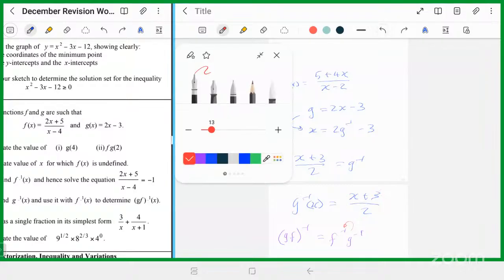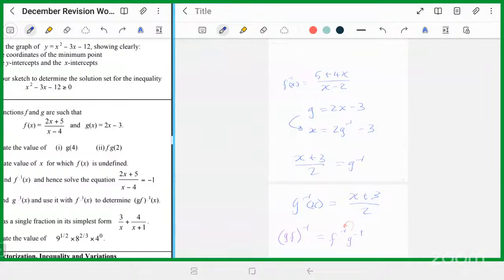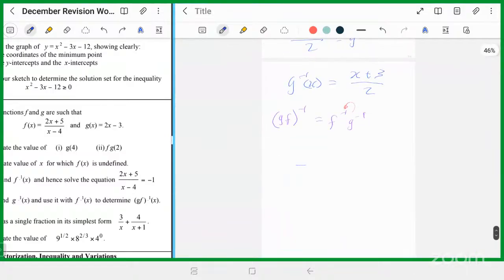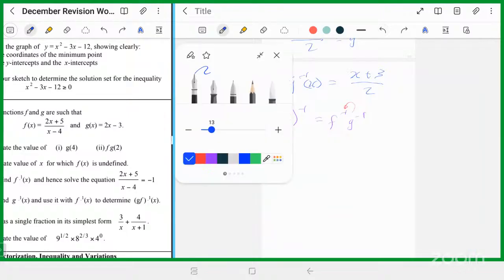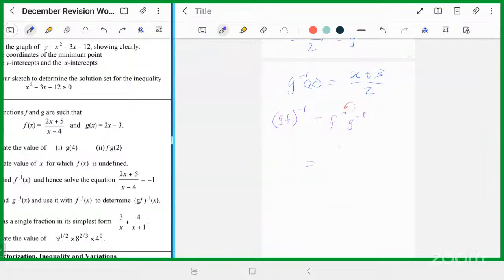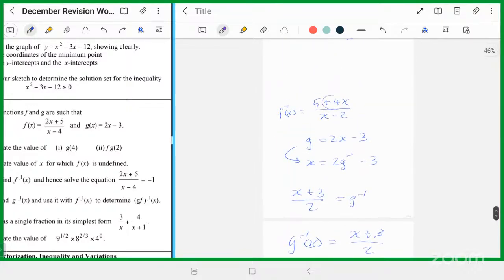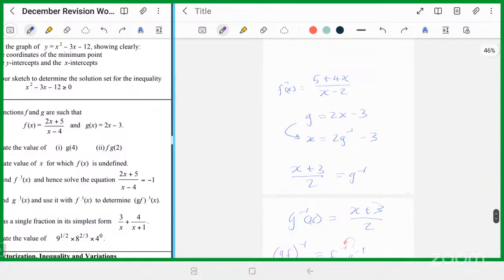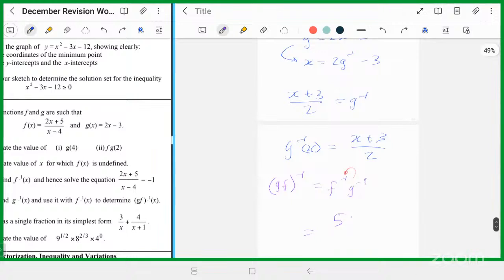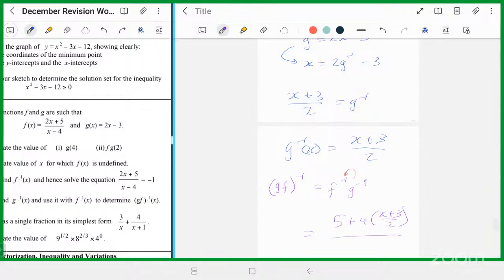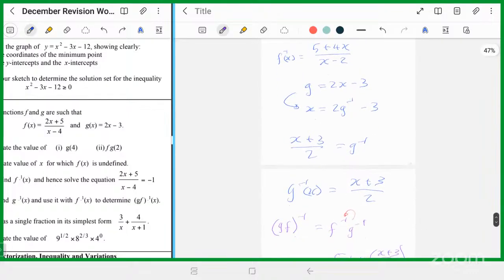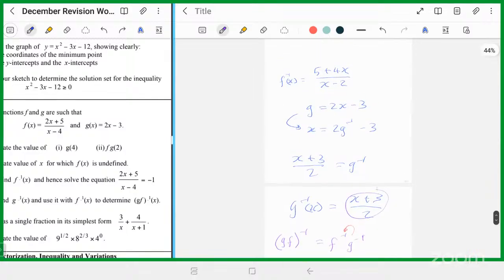So we're going to get 5, and it's plus 4x. So this whole function is coming with x's. So it's 4 times that thing, over the denominator x minus 2. So we're taking this and putting it for the x right here.